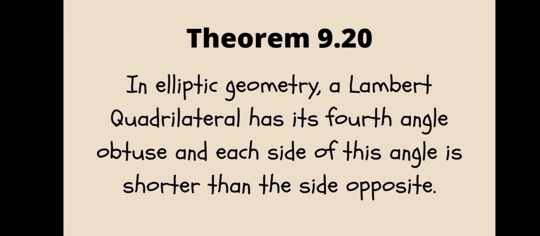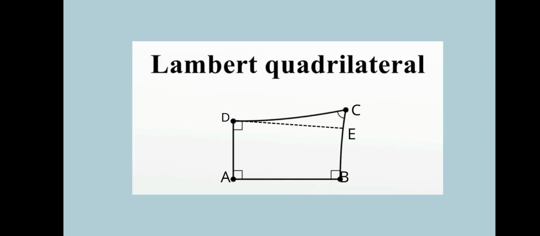And now, we have Theorem 9.20. In elliptic geometry, a Lambert quadrilateral has its fourth angle obtuse, and each side of this angle is shorter than the side opposite. Let ABCD be a Lambert quadrilateral with right angles at A, B, and D. Since the sum of the angles of any quadrilateral is more than 2 pi, the angle at C must be obtuse. It is obvious in our figure.